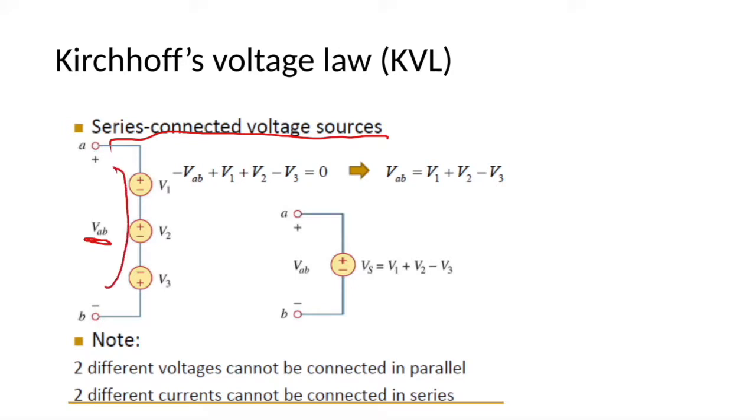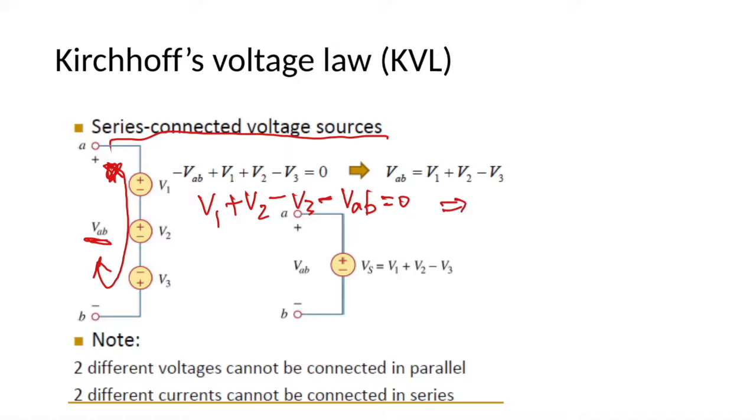We choose this loop. First we encounter V1, from plus to minus, so that is V1. Then V2, also plus to minus. But V3 is minus to plus, so minus V3. And VAB is minus to plus, so minus VAB equals 0.